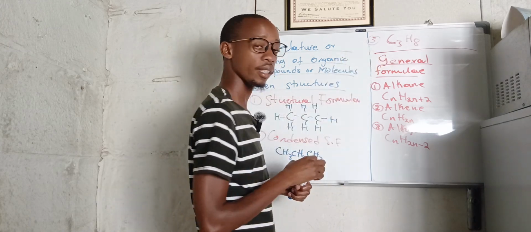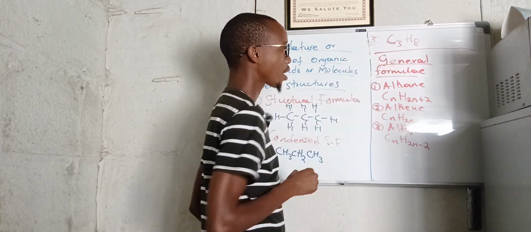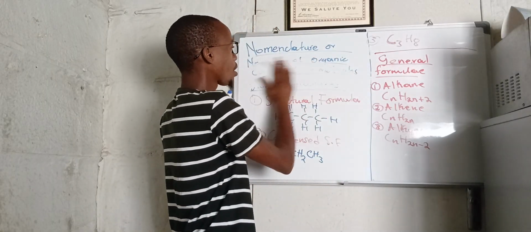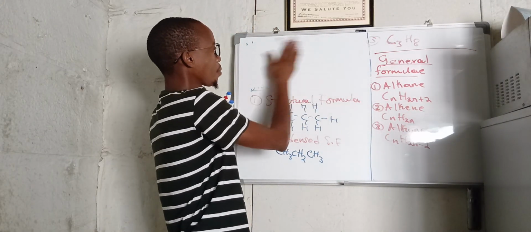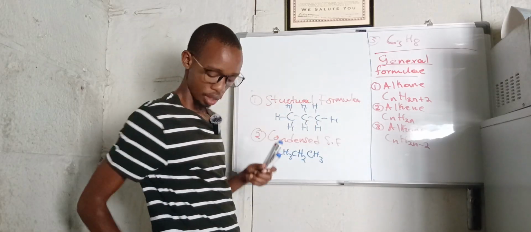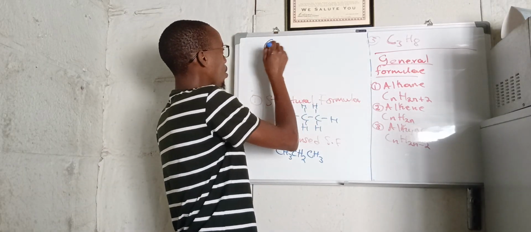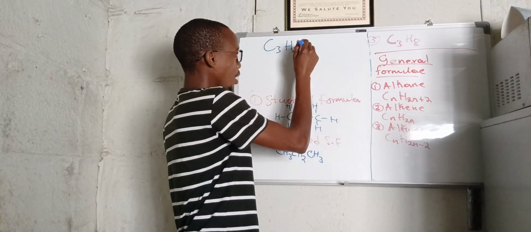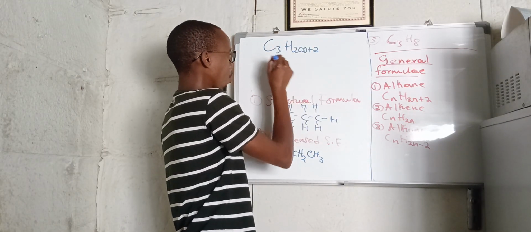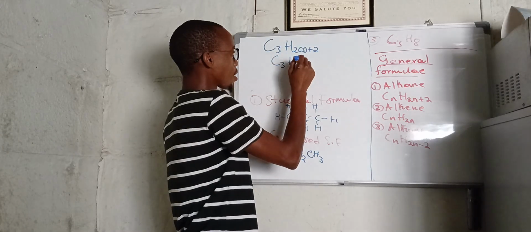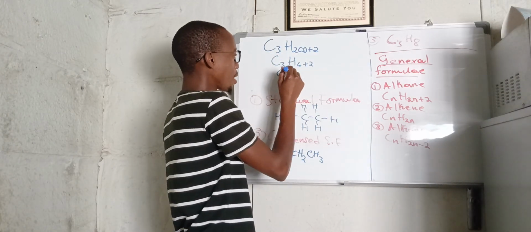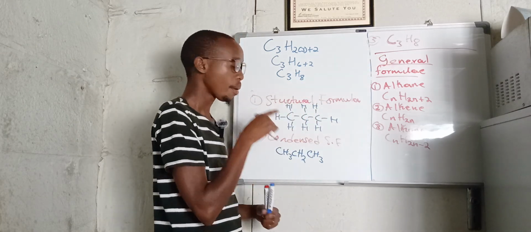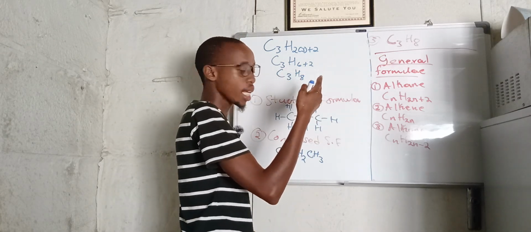Let's make a practical example with this one. We have 3 carbons here, so it's going to be like this. C3H2 into 3 plus 2, which is C3H6 plus 2, basically C3H8, which is exactly that which we did there, but we did not use the general formula to find that.